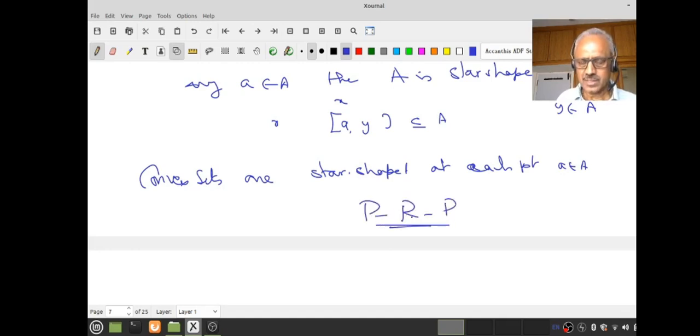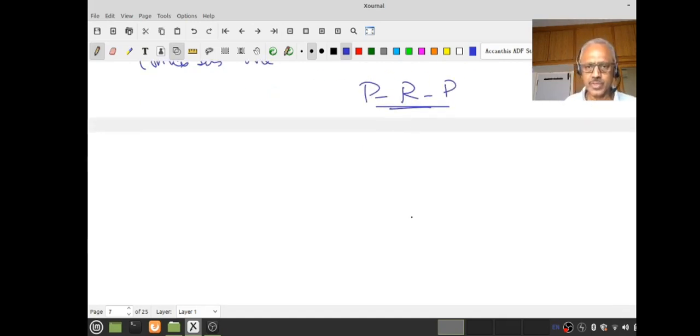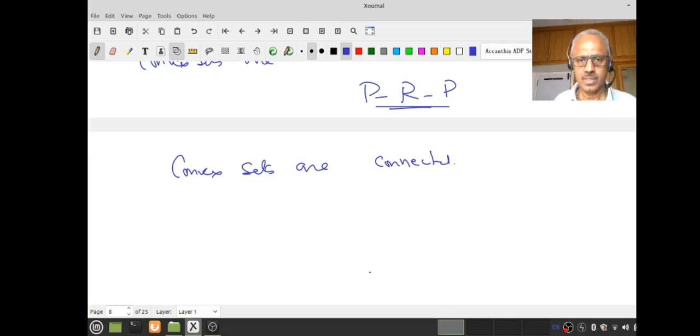Try to think and understand. So what have I proved? In particular, convex sets are connected, because any convex set is star shaped. We have proved star shaped sets are connected. Therefore convex sets are connected.